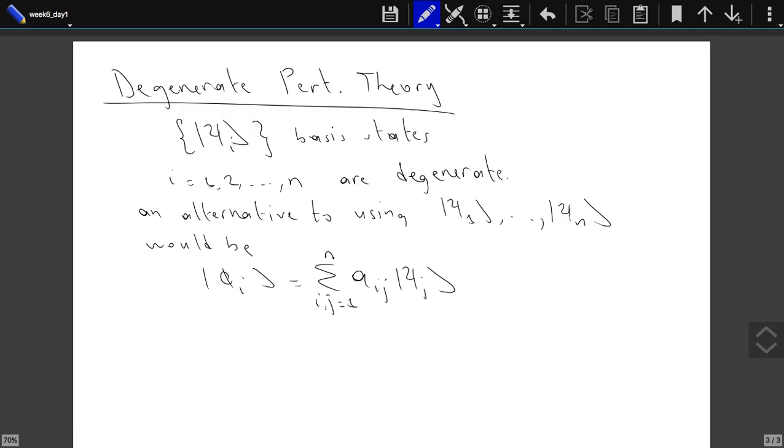They are still energy eigenstates of our unperturbed Hamiltonian, H0. So we have infinitely many choices of bases which are energy eigenstates of H0. So which one to choose? It would be nice if any basis would work.